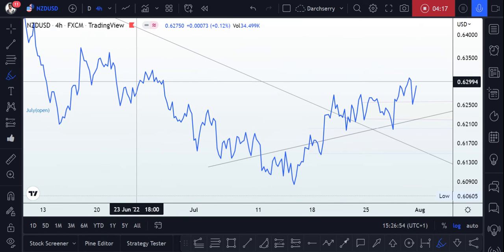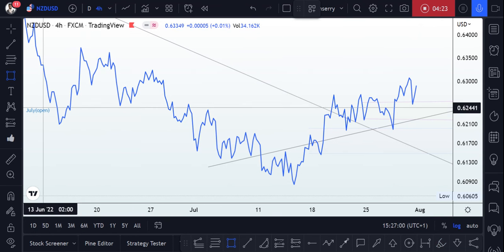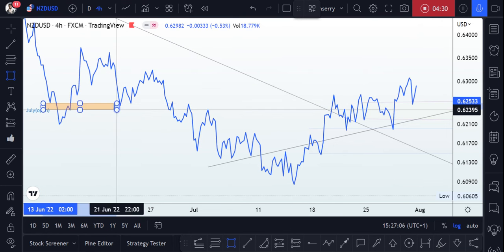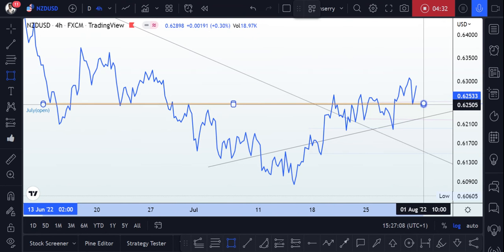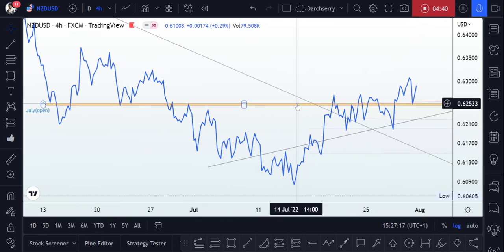So one thing I want to be doing here is to connect that level together. So I'm bringing out my line chart so that I can have a specific point of contact. And what do we have here? We have around the 0.62500 level a key level that will be serving me during the new week. So allow me to identify this and let's label it.